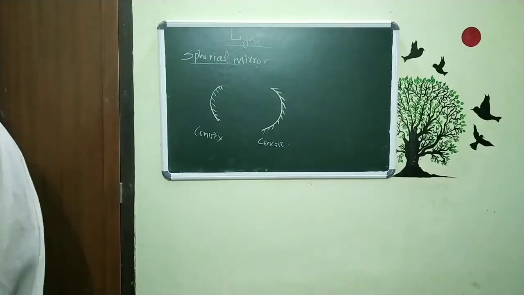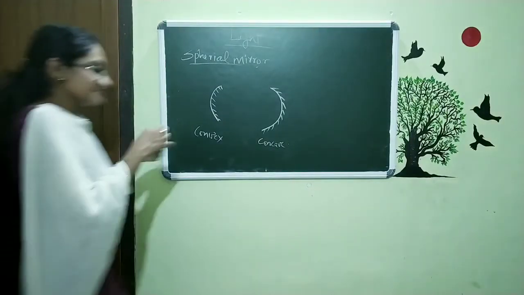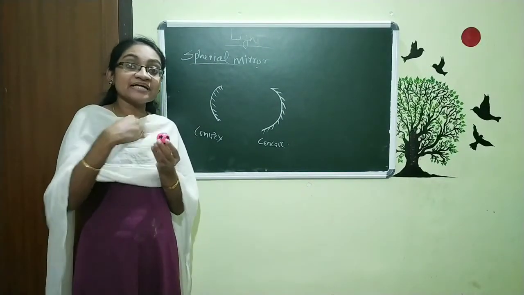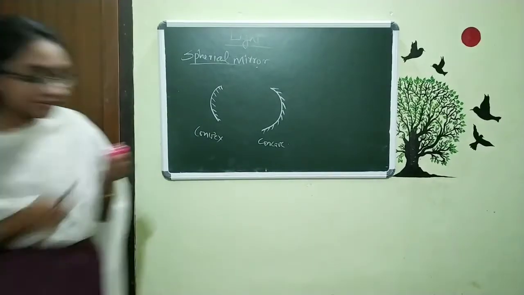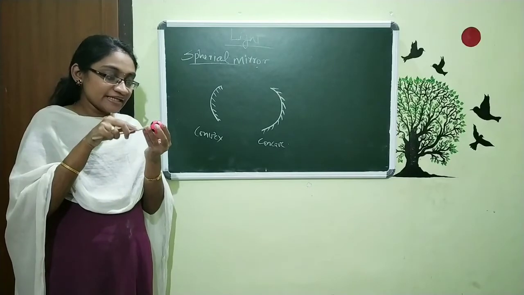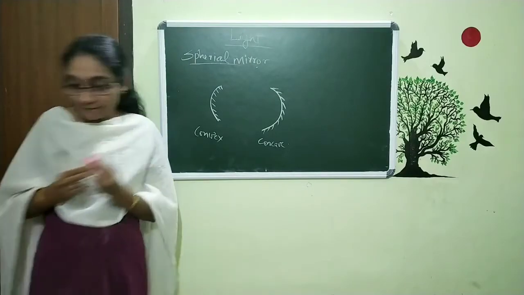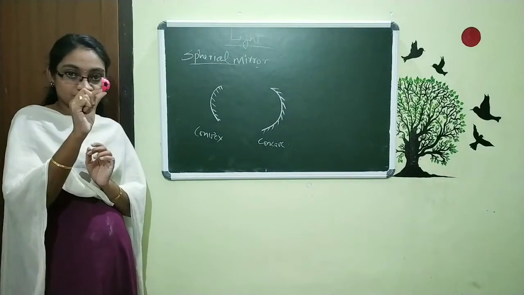Within your textbook, you can see one activity: just take one ball and cut a part of it. The thing is very simple. I am just going to take a knife and cut this. And when I am cutting this, it happens like this. I am just taking one piece.